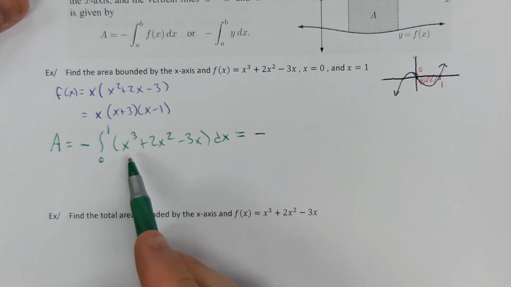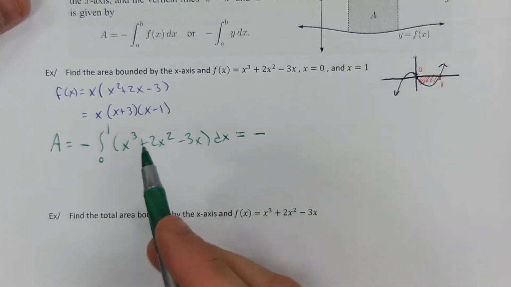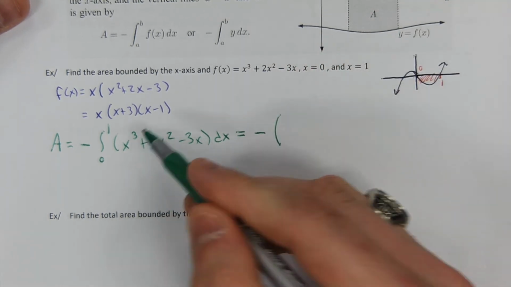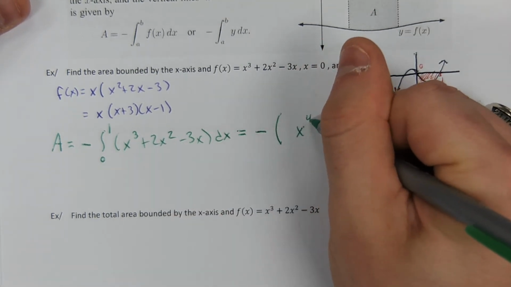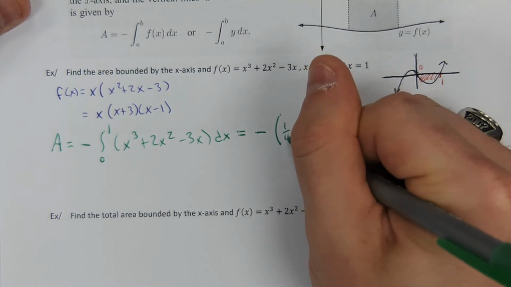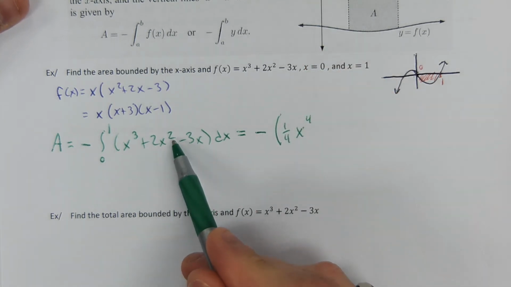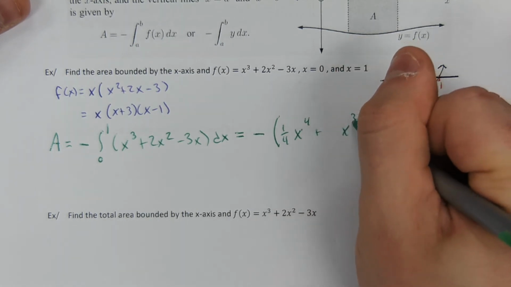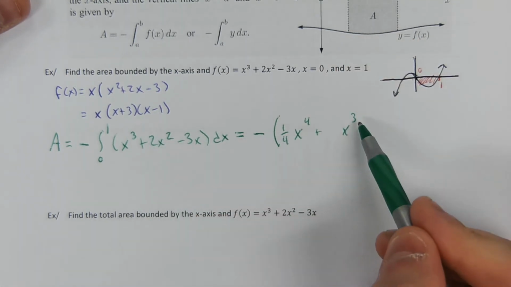Now we can just spot integrate this. This exponent's going to creep up to a 4, so I need the reciprocal of its new exponent on the front. This exponent's going to come up to a 3, so I'll have to divide this 2 by the new exponent.